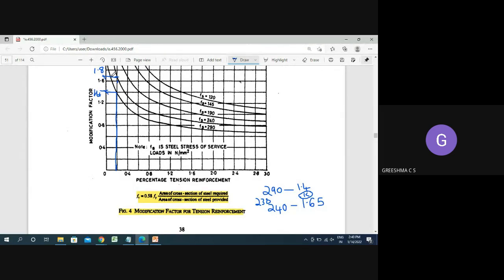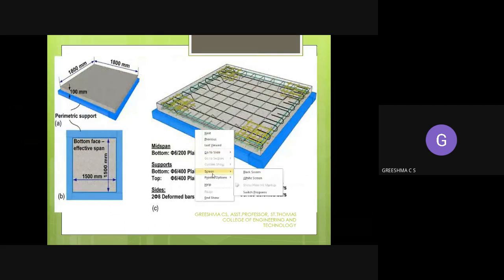You can take 1.65. So the K value will be around something like 1.6 something.